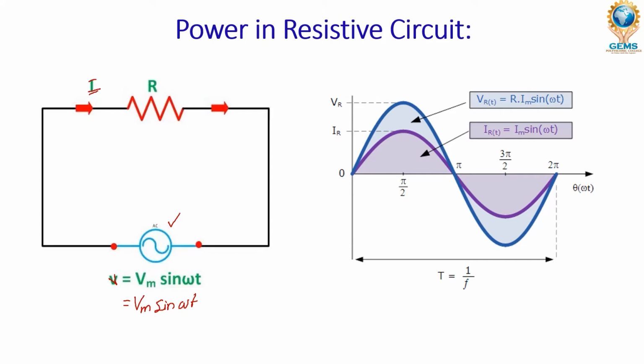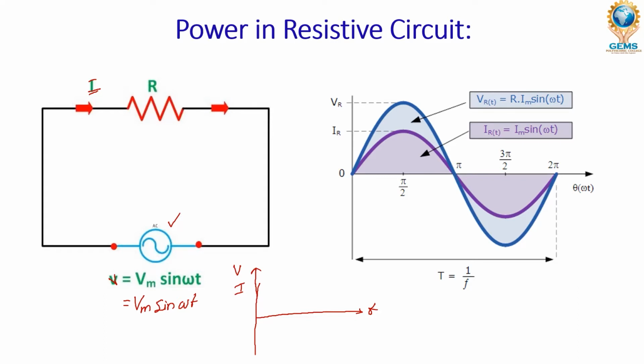Now let us see how the waveform will be. Let me draw it here. This is the time scale, and I am taking two parameters, voltage and current.